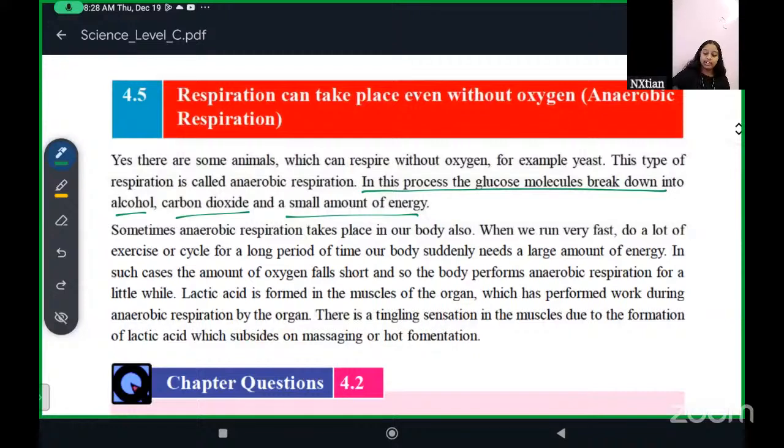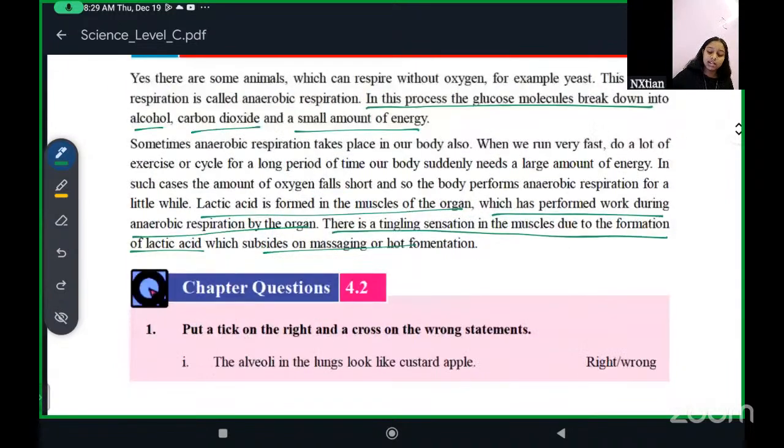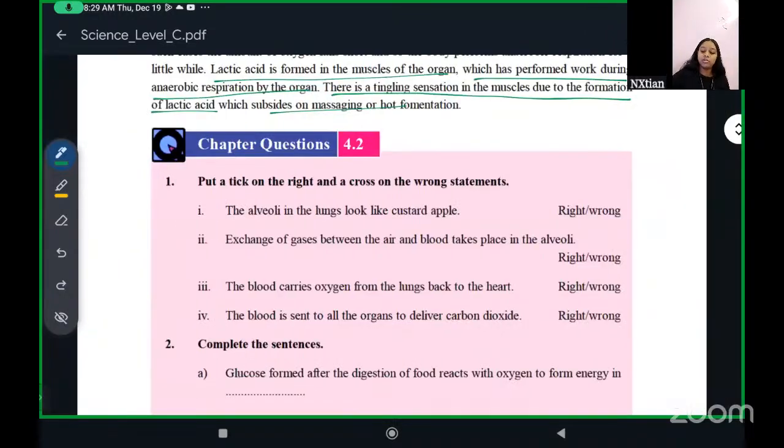Lactic acid is formed in the muscles of the organ which has performed work. We sometimes feel a tingling sensation due to the formation of lactic acid, but it later subsides when we massage it or give it a hot fermentation. So this is about anaerobic respiration.